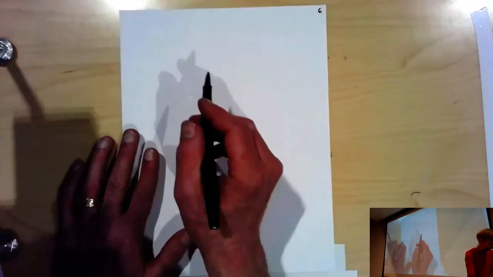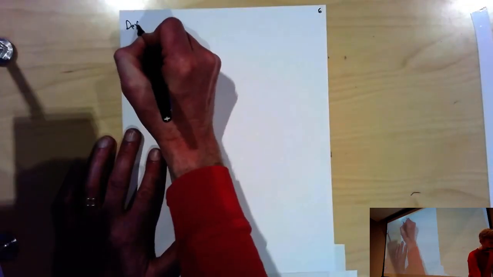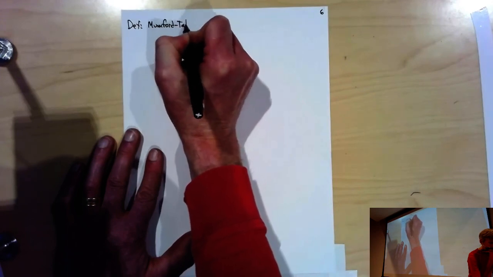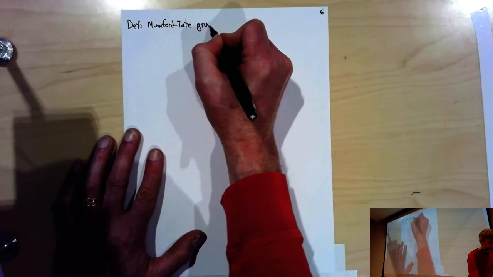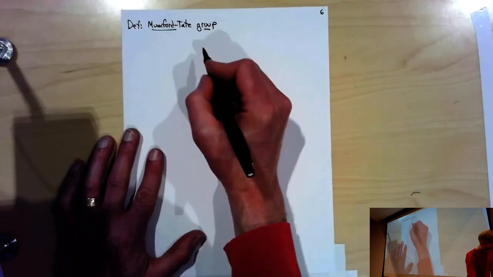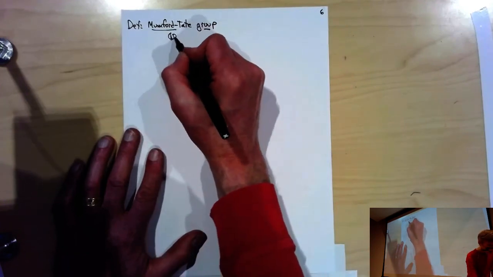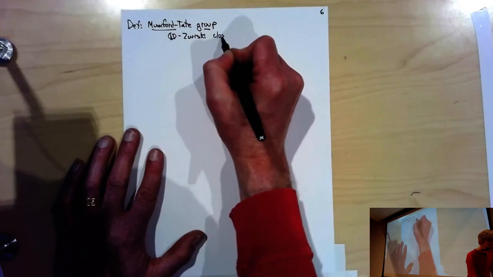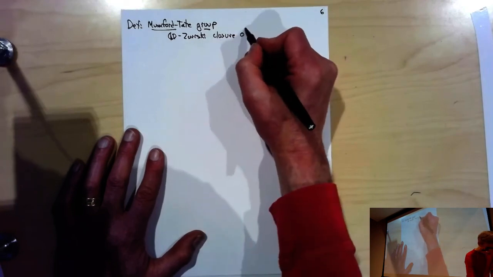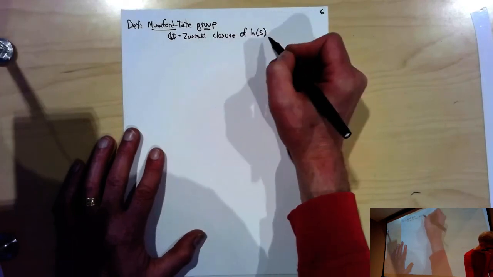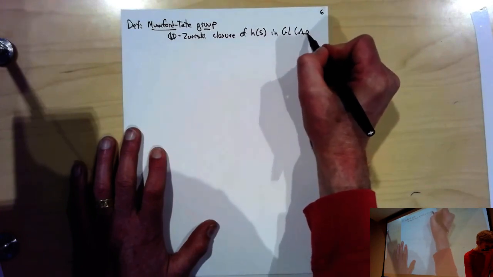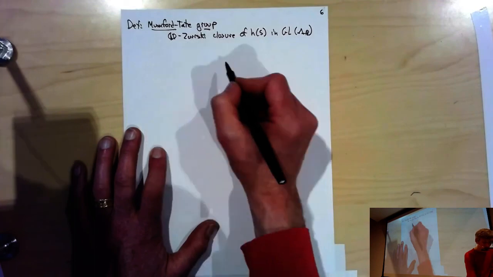So now let's define the Mumford-Tate group and the Hodge group. For the Mumford-Tate group, we're going to take the Q-Zariski closure of the image of our Deligne torus sitting inside GL lambda R. What do I mean by this?